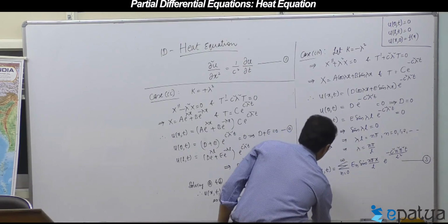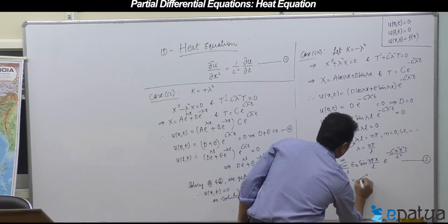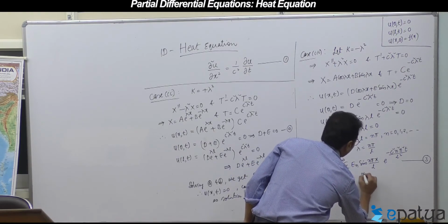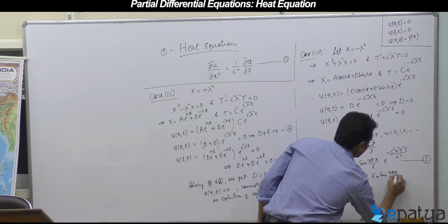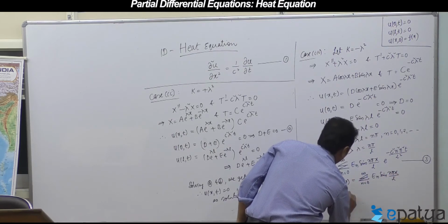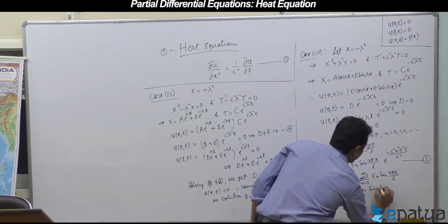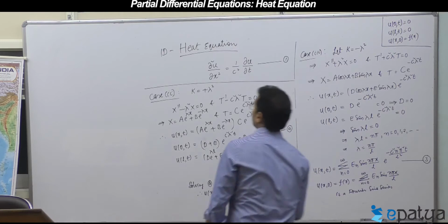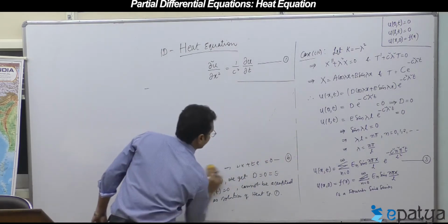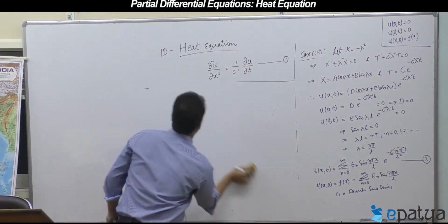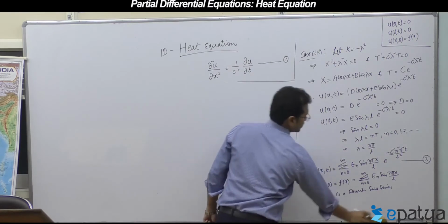Applying that last condition, u of x comma 0 equal to f of x, which is sigma n running from 0 to infinity En sin n pi x by L, is a Fourier sine series.